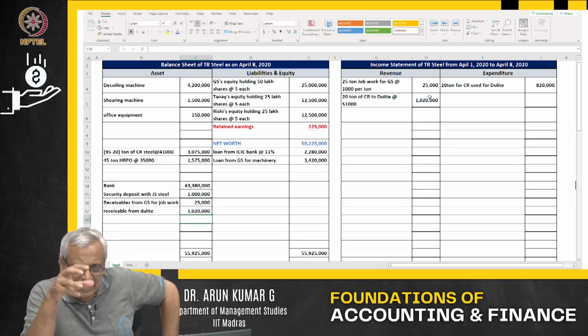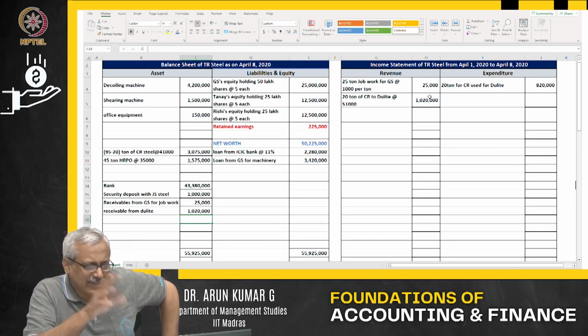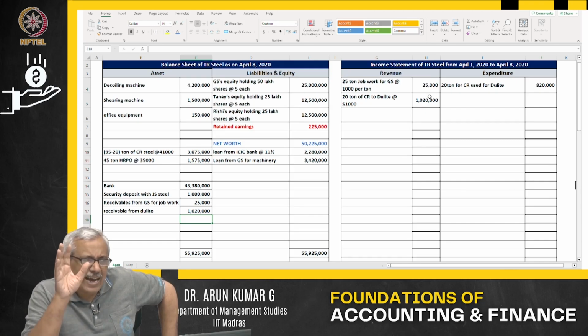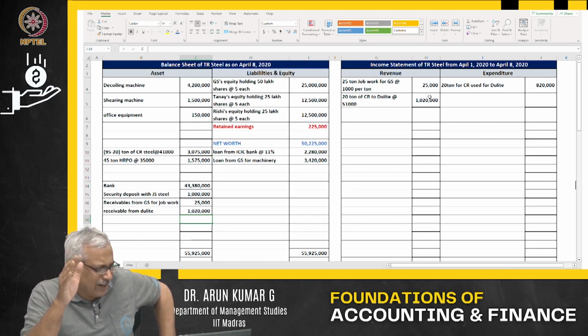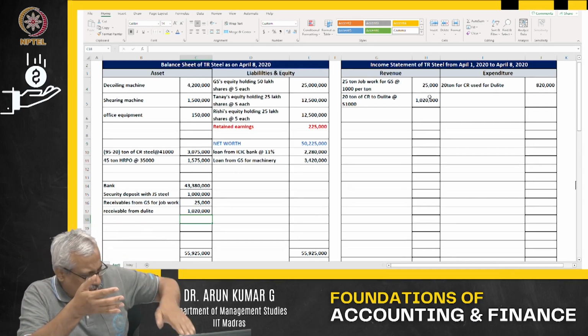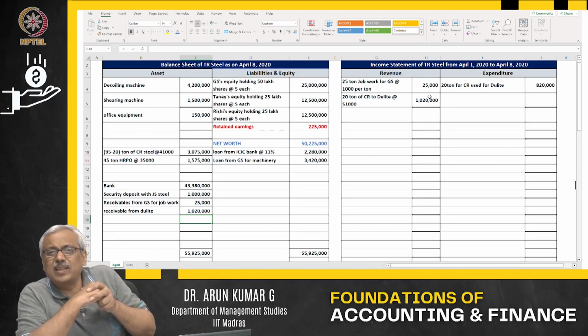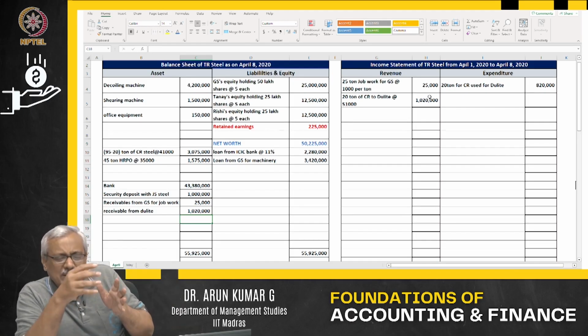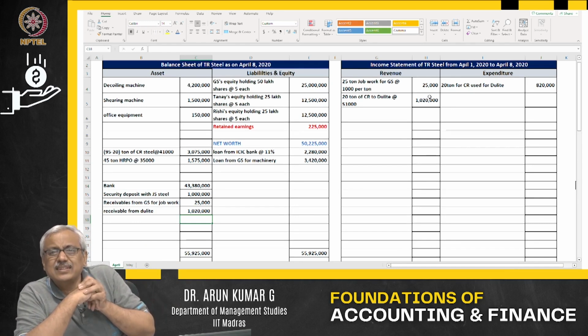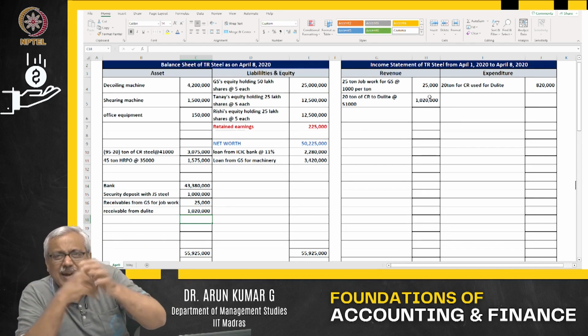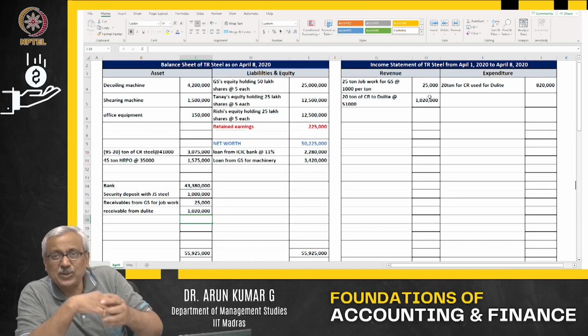So, this transaction I split into two parts. Now, you see your retained earnings is 225,000. So, what have I done? I have split the transaction into two parts. First part, utilization of the material. When you utilize the material, the stock you have comes down. That is what we did first. When you utilize the material, the expenditure increases, and that is what we see here. Then when the sale is made, what happens? You earn a revenue, revenue has accrued, and that is what we see here.